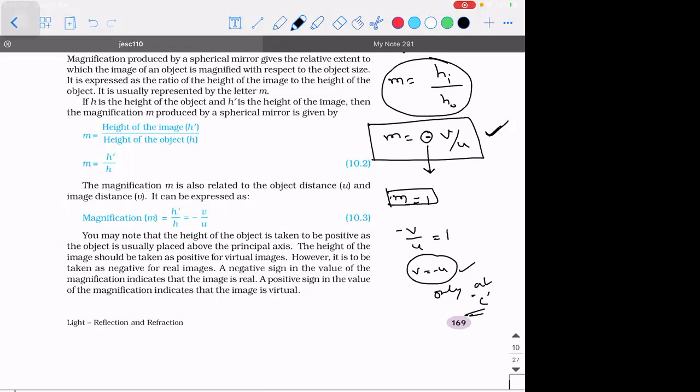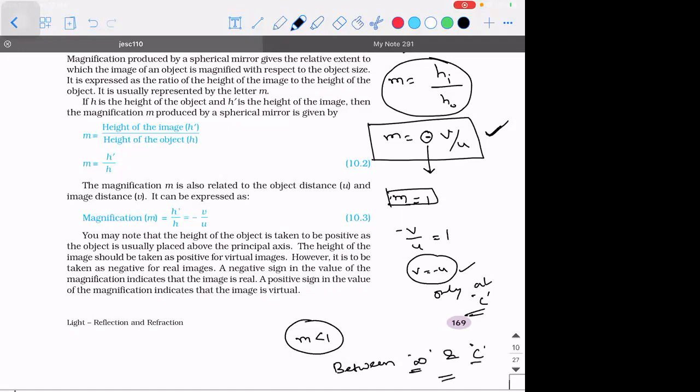Right. Now I give a question like this. There is an object placed in front of a concave mirror whose magnification is less than 1. Where is the object placed? Beyond C. You can just say beyond C, that's it.